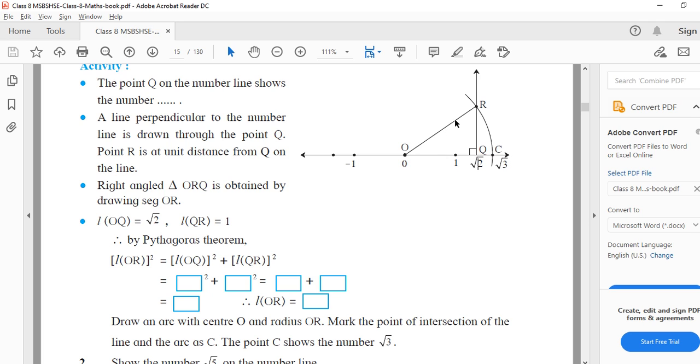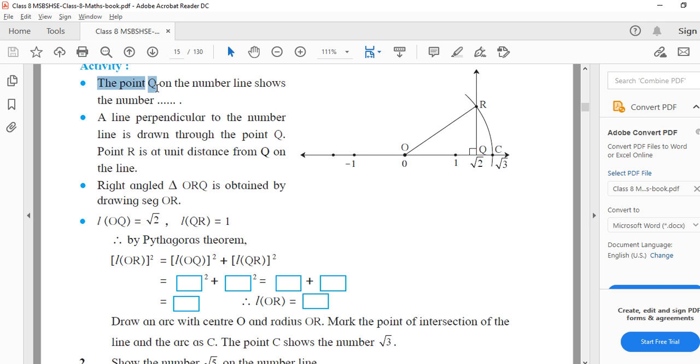So this is your hypotenuse, and the theorem says hypotenuse square is equal to the sum of the squares of the other two sides. So OR square is equal to OQ square, where OQ is root 2. From 0 up to point Q, the measurement is root 2. And we'll see what the length of QR is.